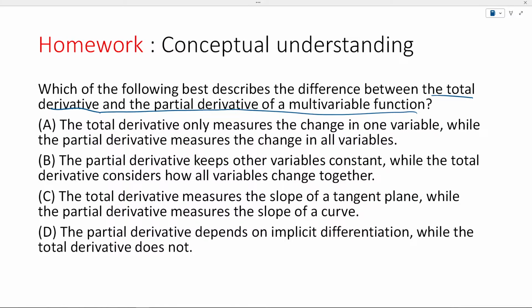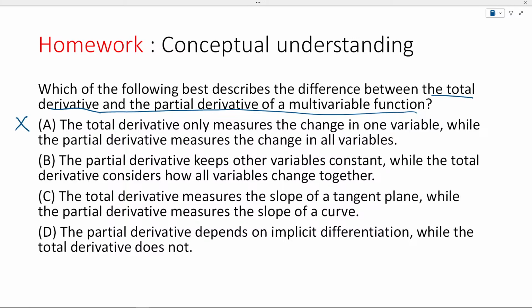Total derivative only measures the change in one variable, while partial derivative measures a change in all the variables. Actually, this is the opposite of the truth, because the partial derivative focuses on one variable, while the total derivative considers implicitly the impact of the change due to all variables. So this is wrong. This cannot be the case.